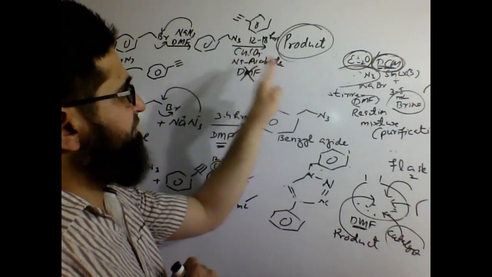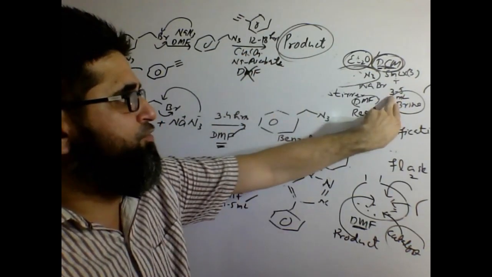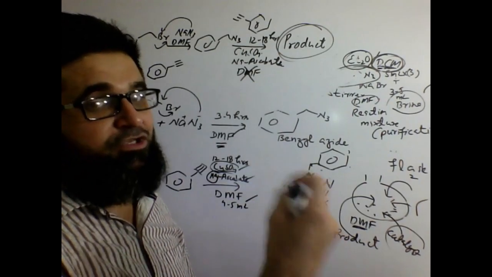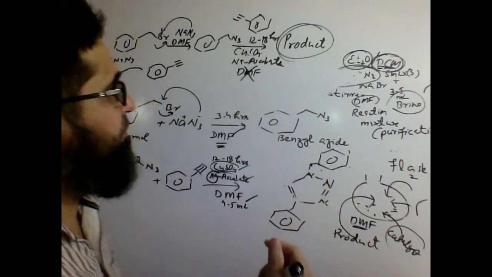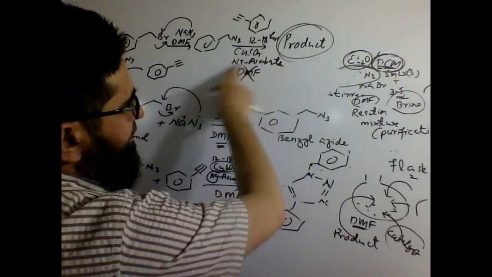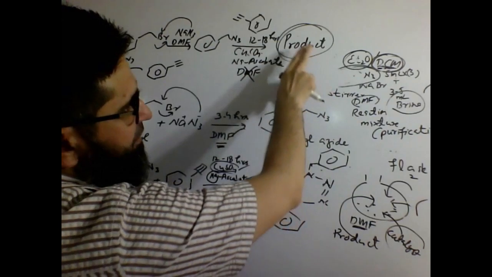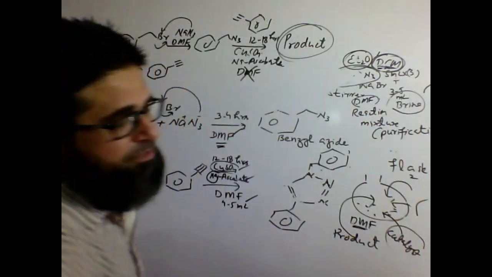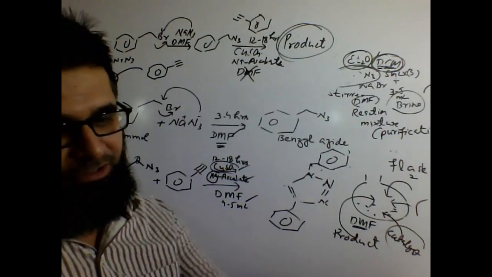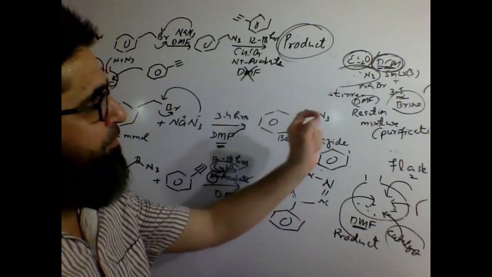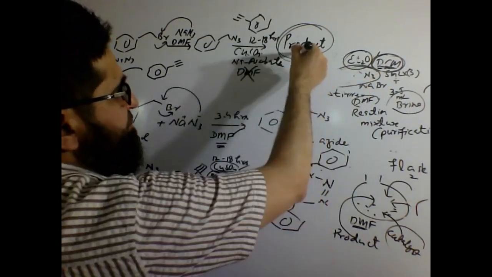Copper sulfate will be soluble in water, so we need to use brine. Brine means a saturated solution of sodium chloride in water. So in a way we will remove the contaminants, we will remove DMF, and we will get the product in the dichloromethane extraction. Then we will evaporate dichloromethane at the end to receive the product.